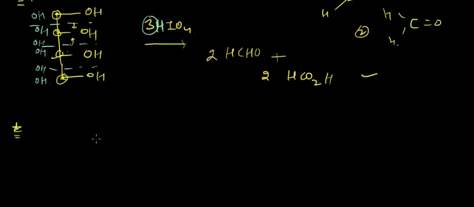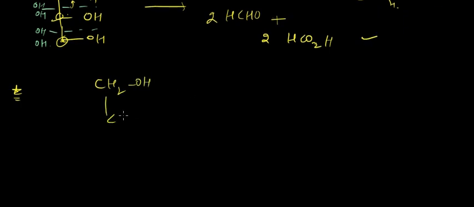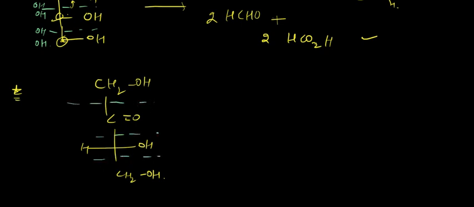What happens in this case? So bond cleavage here, here and here. Now what will happen here is we have OH and OH here. So at this carbon atom we will have 2 OH.